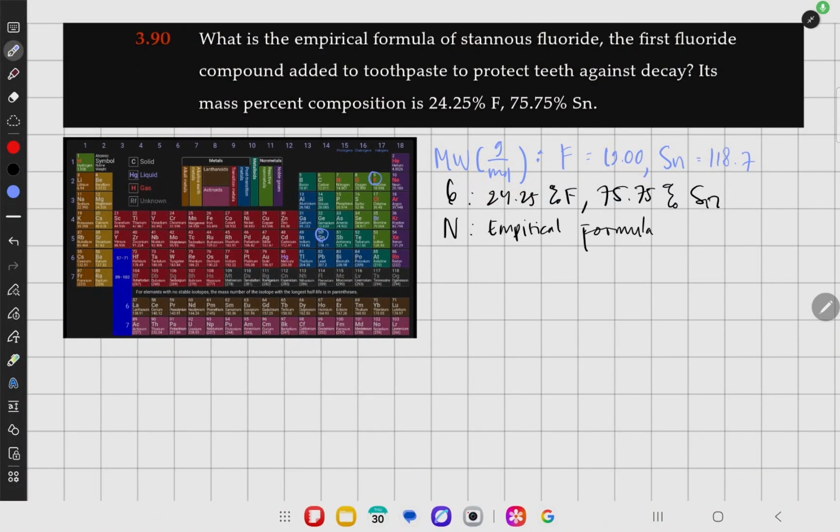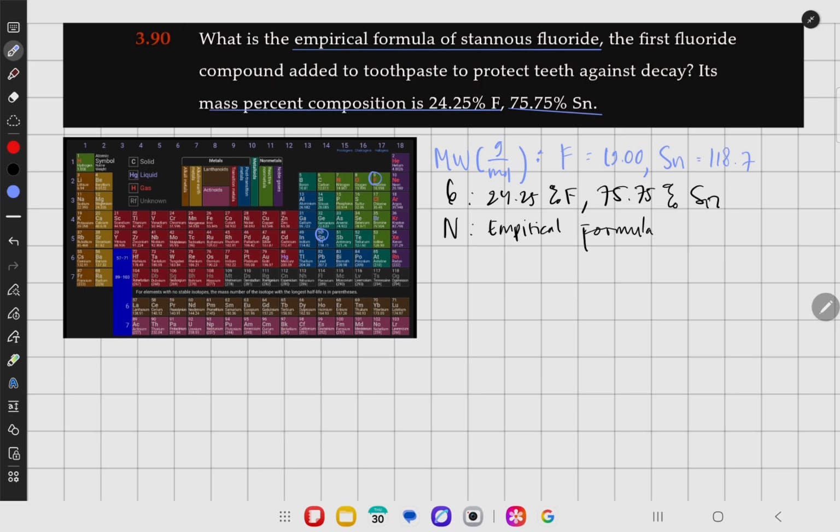Hi, from this problem, we need to find the empirical formula of stannous fluoride. And then we know there are several notes here. Mass percent of composition is 24.25% of fluorine and 75.75% of tin.